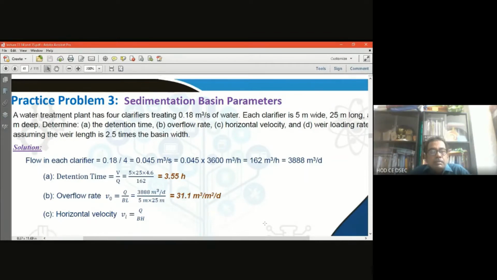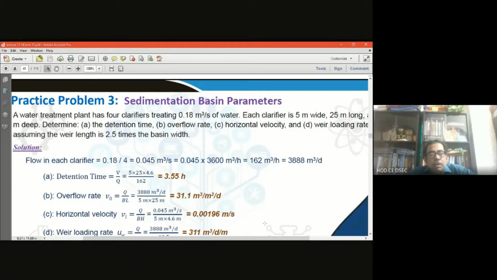First of all, at the very beginning I have said the 4 clarifiers are there. So each clarifier's discharge is 0.18 divided by 4, because the 4 units' discharge is 0.18, so 1 unit's discharge will be simply 0.18 divided by 4.